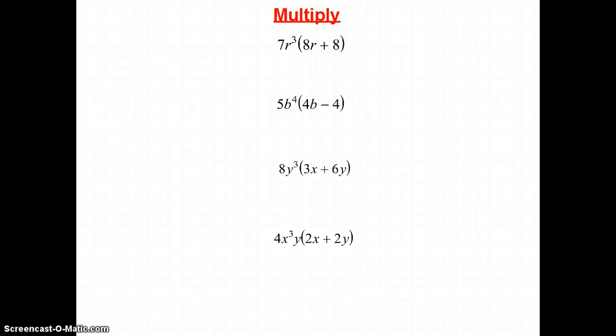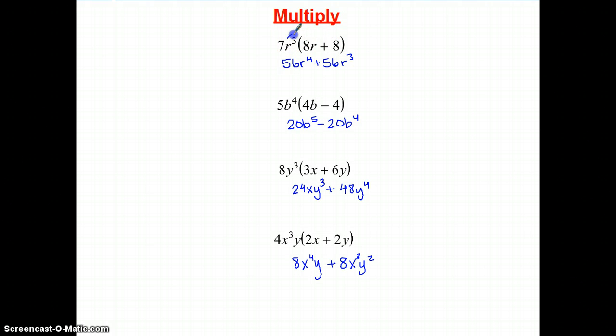Go ahead and take a moment to pause the video and try these next 4 on your own. From the first, distributing the 7r cubed to the 8r and the 8, you should have had 56r to the 4th plus 56r to the 3rd.